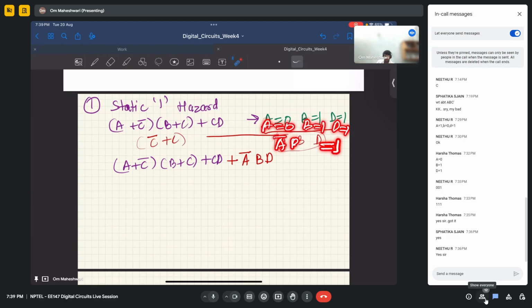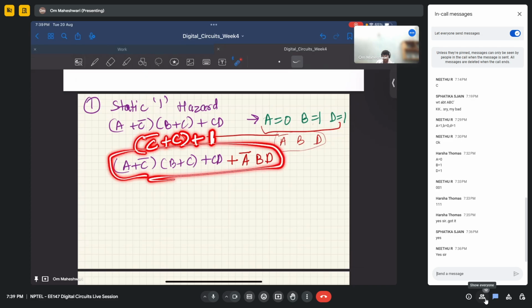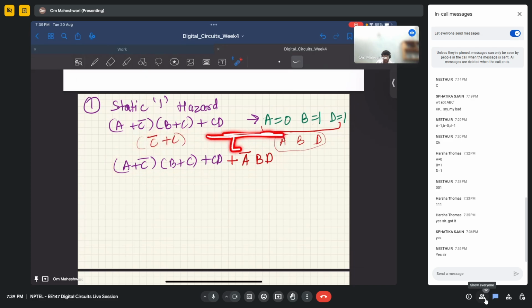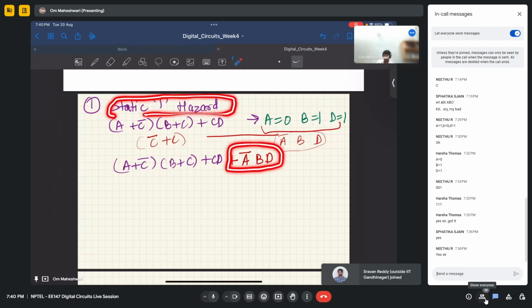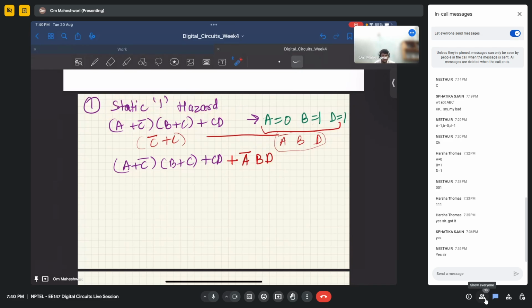So essentially your function would be C plus C bar plus 1, right? If I have this, then you will always have a static one. The zero case will not come, right? So by adding this term, we can avoid this static one hazard. Is it clear? We already identified where the static one hazard will come. Now we just change it into some term so that we add that term and ensure that this hazard never comes.